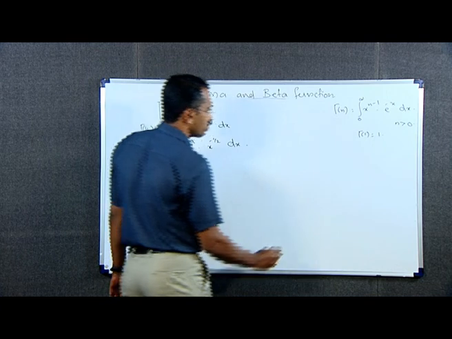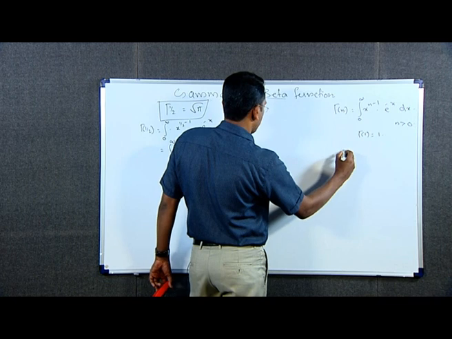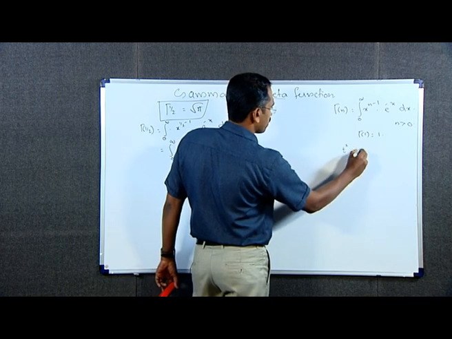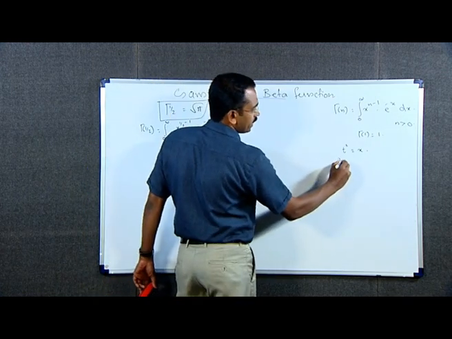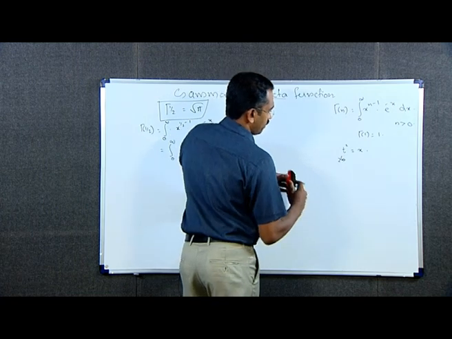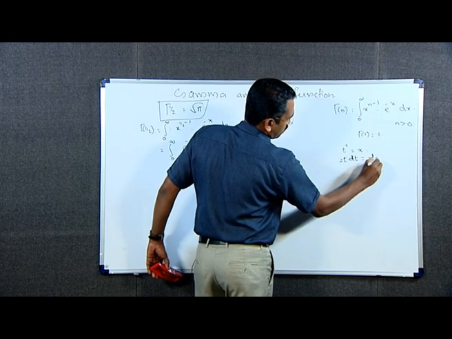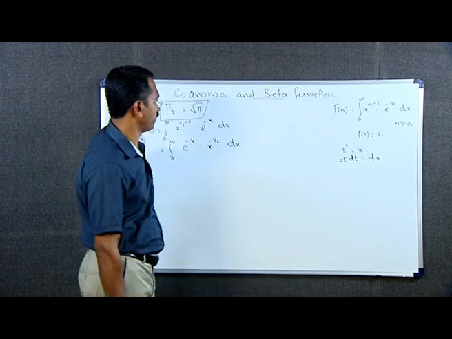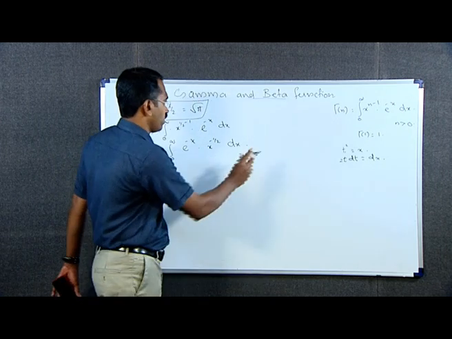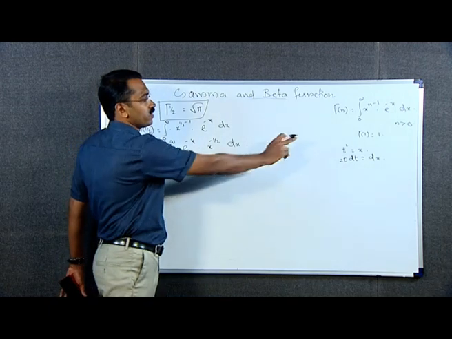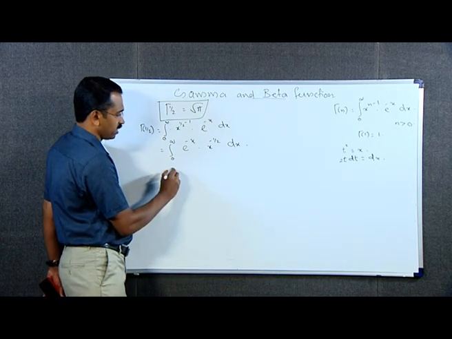Now we use the substitution t square equal to x, so that 2t dt is equal to dx. When x is equal to 0, t is also equal to 0. For x equal to infinity, t tends to infinity. Therefore, the limits are the same.